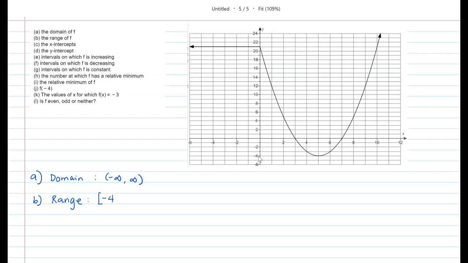So -4 up to it extends to +infinity. Again, I want to emphasize this bracket means it's included. If you put it like this, -4 to +infinity with a parenthesis, that is incorrect, because this means that -4 is not included.